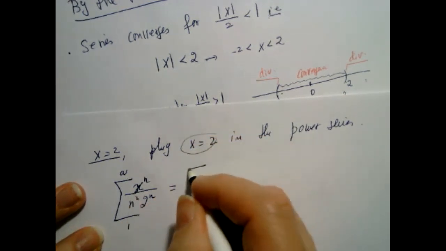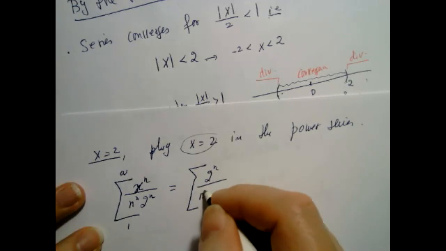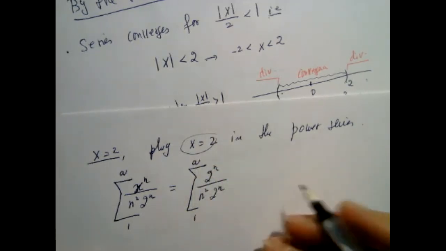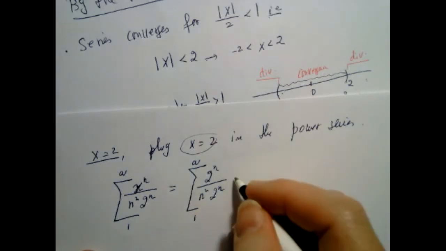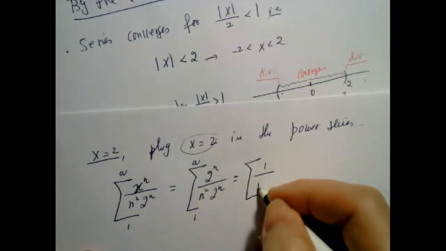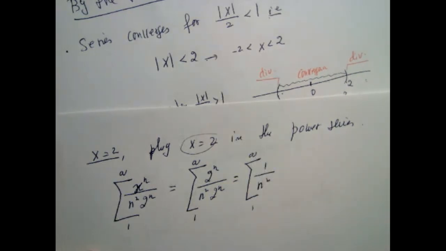I will have 2 to the n over n squared times 2 to the n. Those 2 to the n simplify, and I will have 1 over n squared. Now, does this series converge or not?